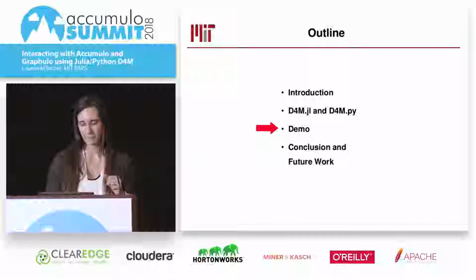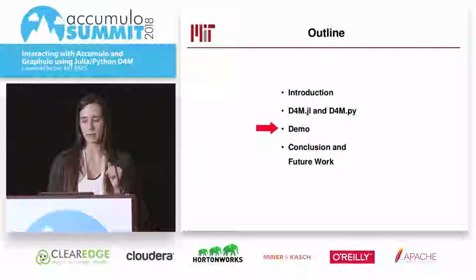Okay. First we're going to create a dummy associative array, which is what it looks like. You have a list of row keys, a list of column keys, and a list of values. These are triples, so the number of rows, columns, and values are going to be the same.